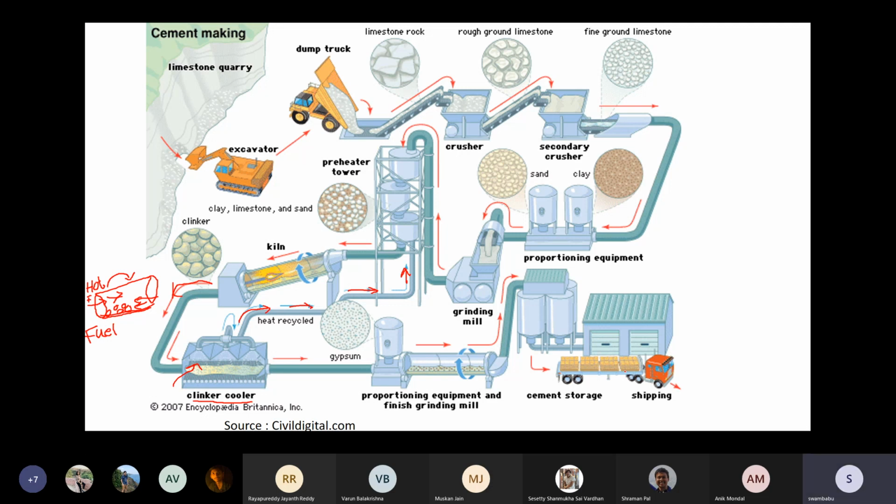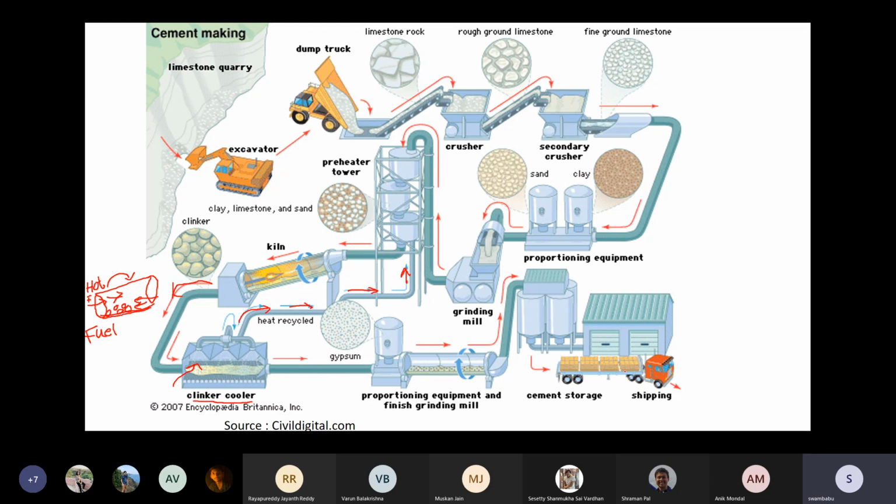So this is the way cement production is done, and it is a very simple process. Everything is typical unit operations which we discussed in mechanical operations.